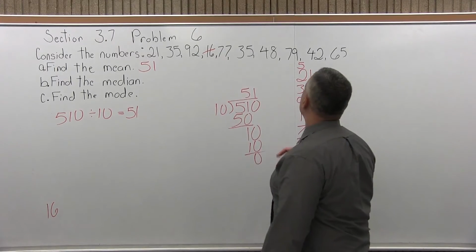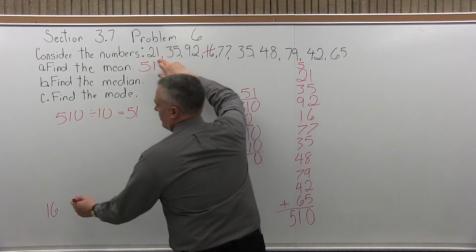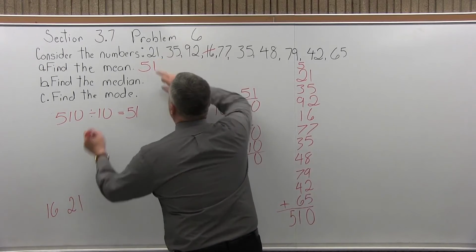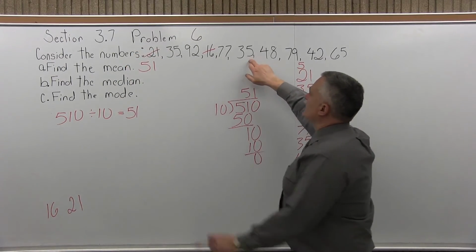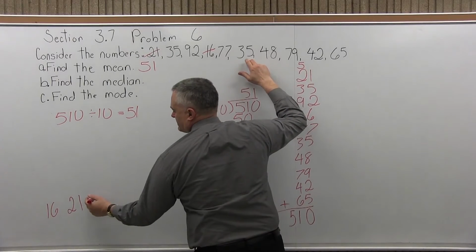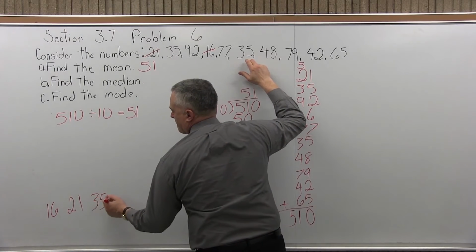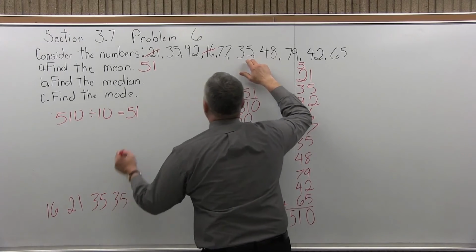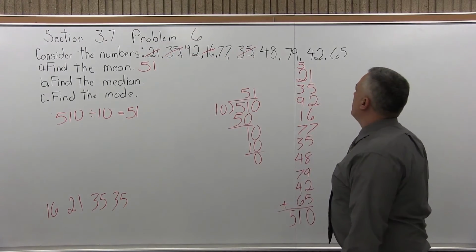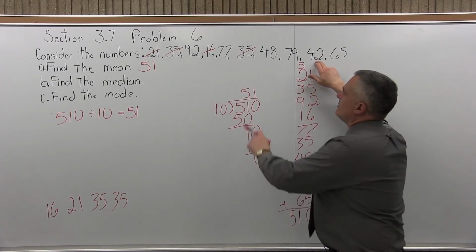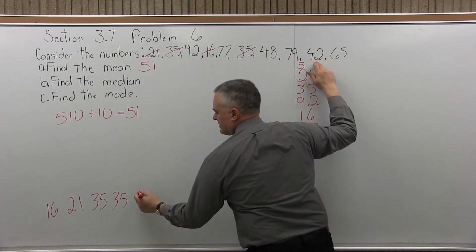Nothing else in the teens. Next is 21. Nothing else in the 20s. 35 shows up in 2 different spots. Cross those off. In the 40s, I have 42 and 48.